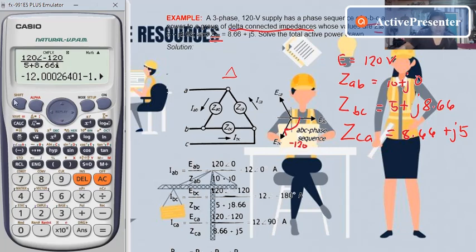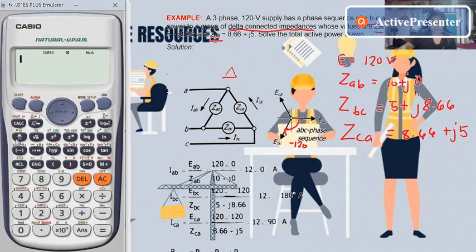We need to convert to polar form. So our answer will be 12 with an angle of negative 180 degrees amperes. So we have our IBC.